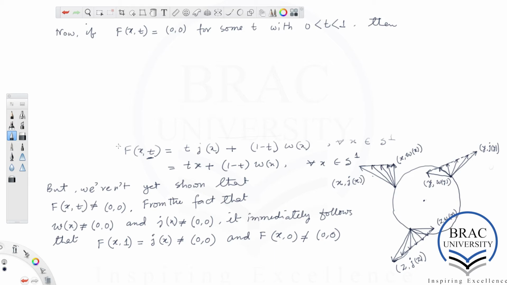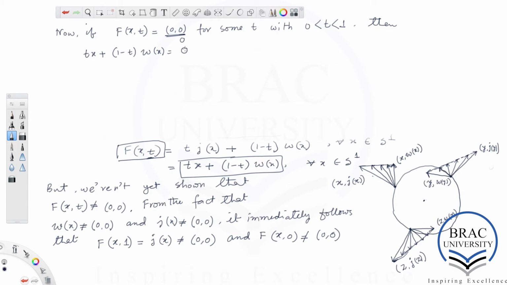So we have this relation, right? f of x comma t is equal to this. So if f of x comma t is equal to 0, then it follows that this guy is 0, right? So for simplicity, just write it as 0: t times x plus 1 minus t times w of x is equal to 0.